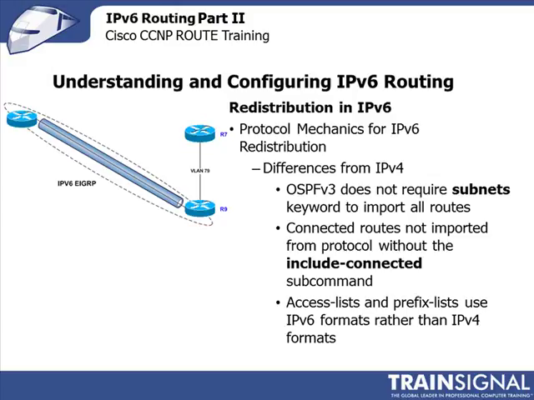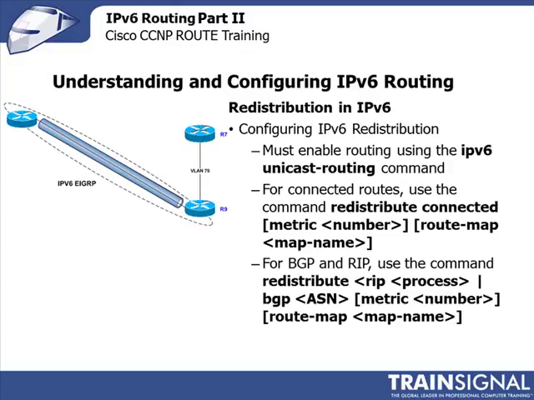In other words, if you do redistribute EIGRP 100, for example, the IP version 6 process is not going to import any of the connected routes participating in EIGRP into the process without using the include-connected command. Access lists and prefix lists obviously use IP version 6 formats rather than IP version 4 formats. That's another difference as well.